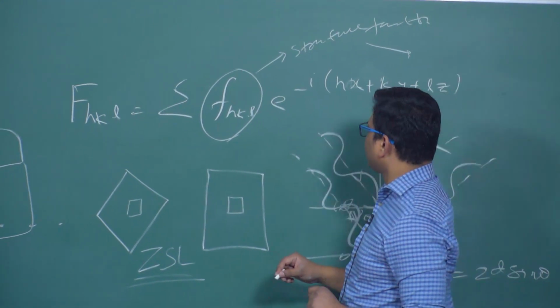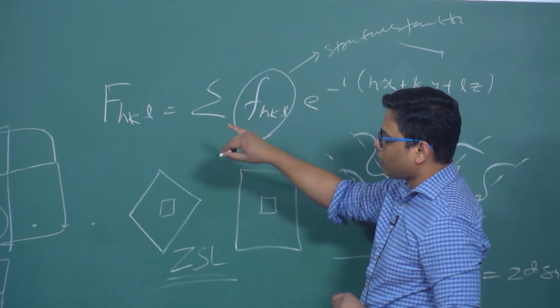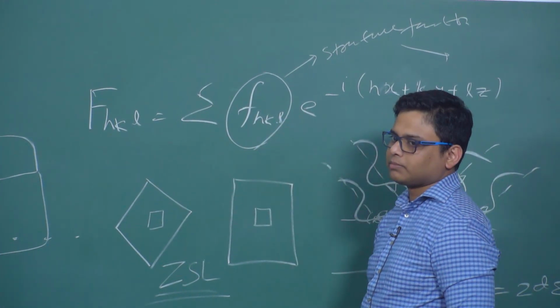Once you have the HKL indices and this, you can calculate the intensity of that HKL for that atom.